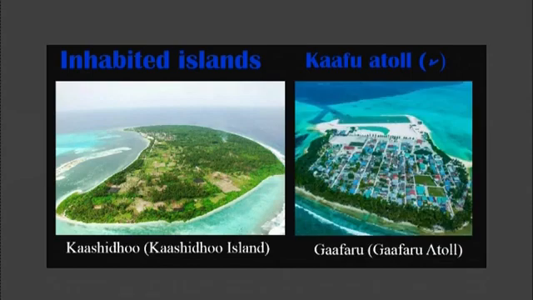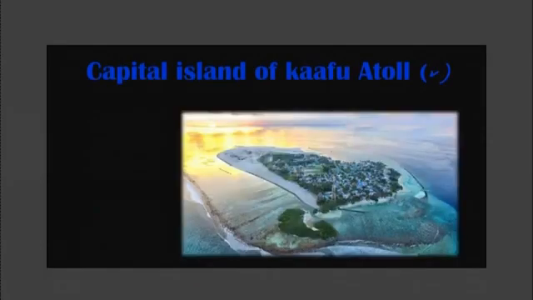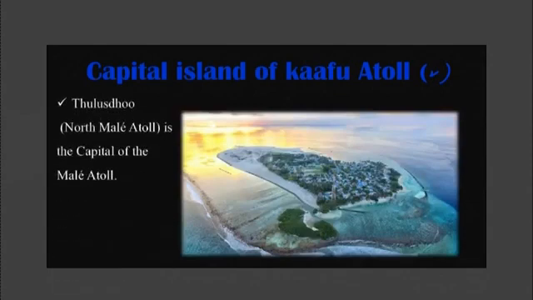Students, here is something you all need to put a little focus on: the capital island of Kaafu Atoll. Thulusdhoo is the capital island of Male Atoll or Kaafu Atoll.